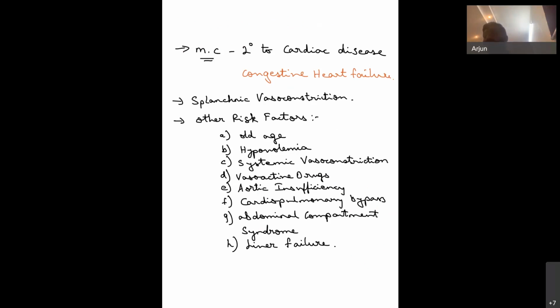Here the main reason is spastic vasoconstriction, so that there's blood supply to the other vital organs. Other risk factors are old age, hypovolemia, systemic vasoconstriction, vasoactive drugs, aortic insufficiency, cardiopulmonary bypass, abdominal compartment syndrome, and liver failure.